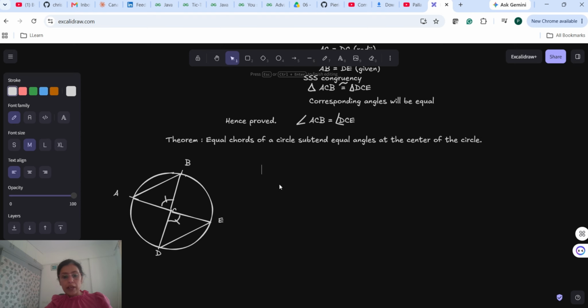So now here, as I was saying, what is given here? I have been given AB and DE, two chords of the circle with center C. Okay. And the second thing which I am given is angle ACB is equal to angle DCE.